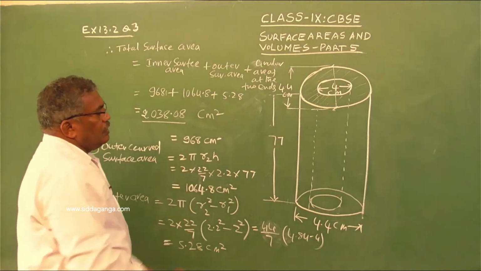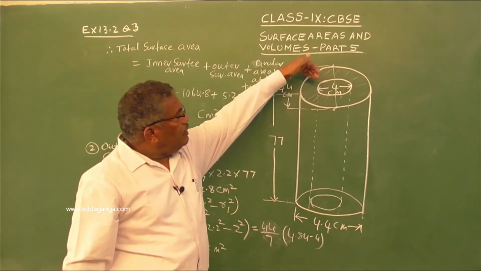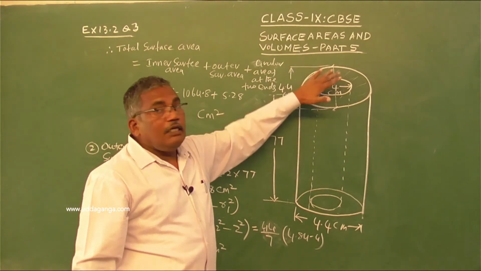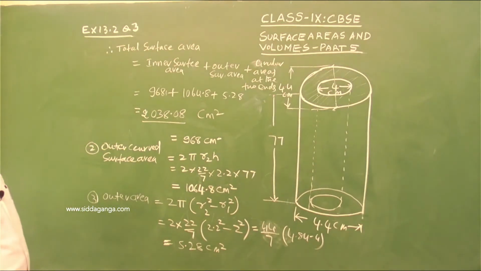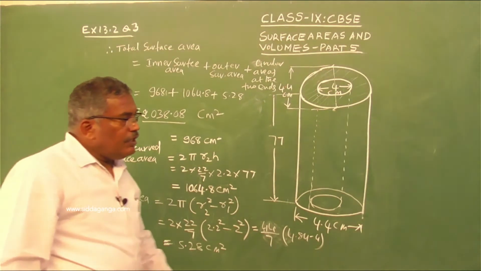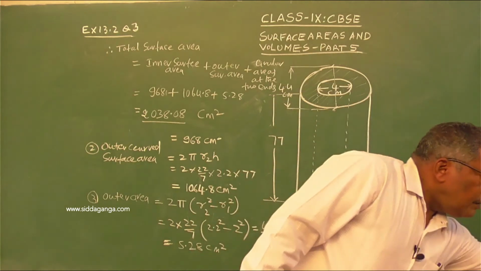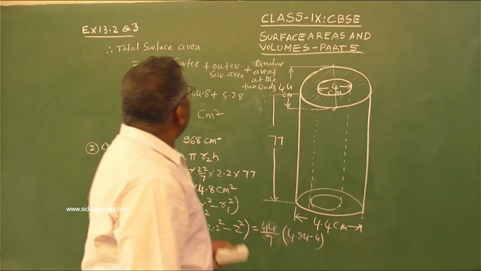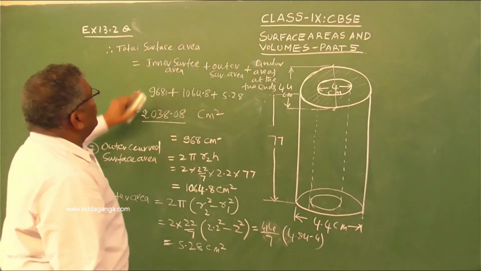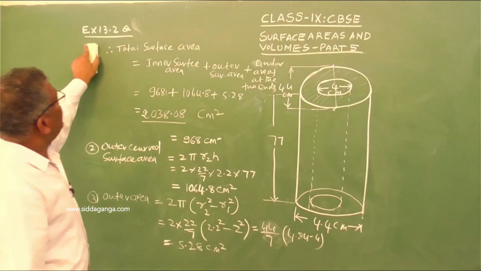This includes the outer surface area, the inner surface area, and the 2 ends. So this completes question number 3. Now I will take up the next question, question number 4.